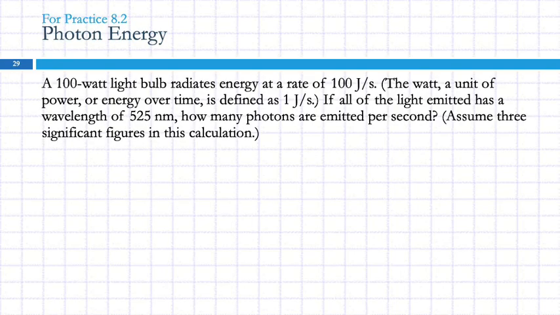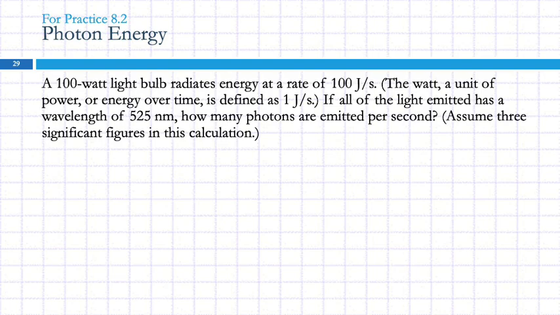We can calculate the energy. A 100 watt light bulb radiates energy at a rate of 100 joules per second. The watt is a unit of power. Power is energy over time, defined as 1 joule per second. So 100 watts is 100 joules per second.